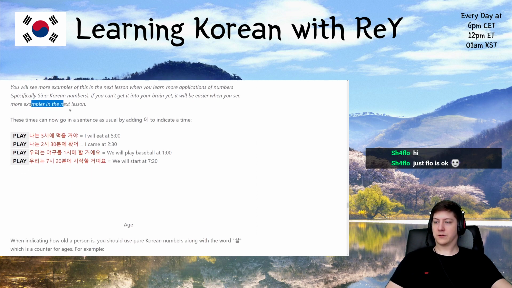Okay, more examples in the next lesson. These times can go in a sentence as usual by adding the time particle to indicate the time. Yeah, so like in the afternoon, in the evening, in the morning that we learned already, or yesterday, tomorrow.